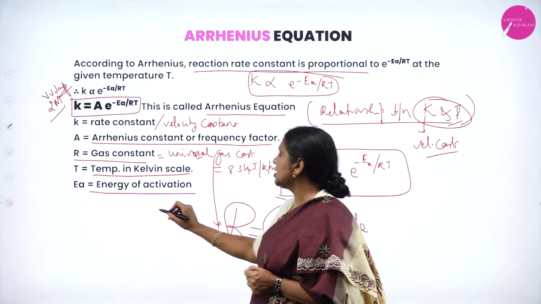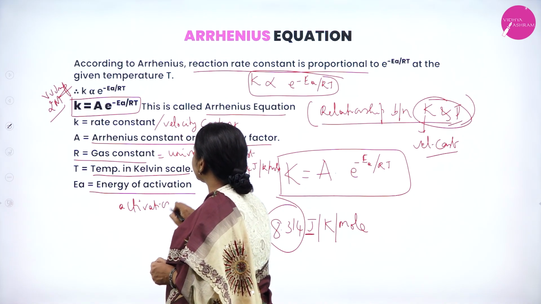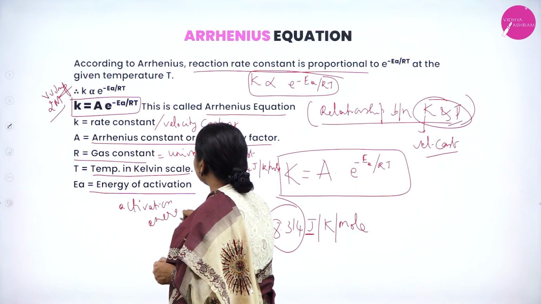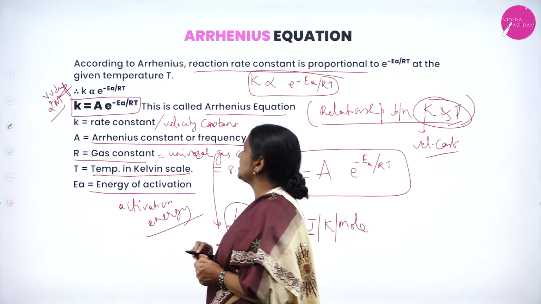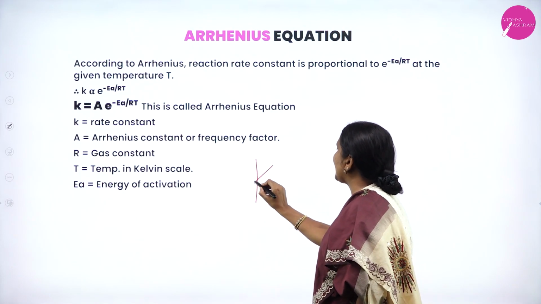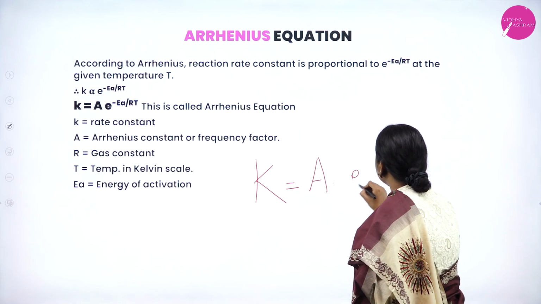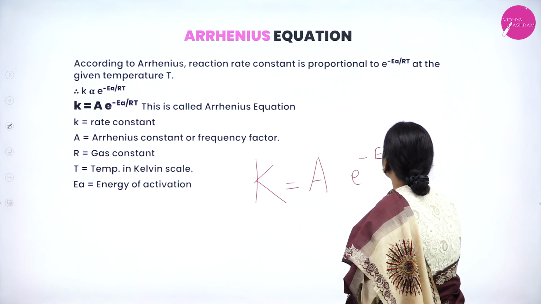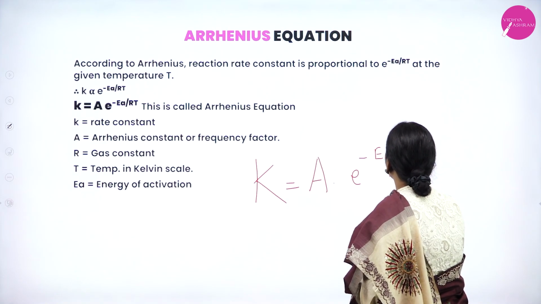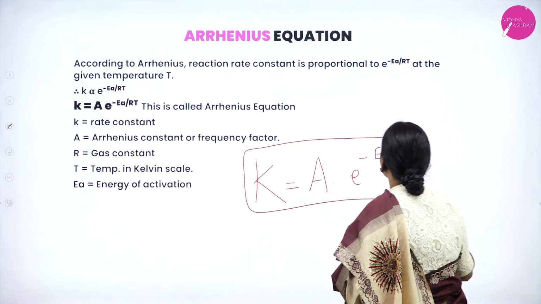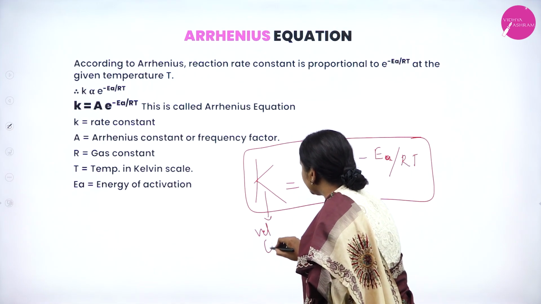Ea is energy of activation or activation energy. Therefore, once again I'll write the Arrhenius equation: K is equal to A into e to the power of minus Ea by RT. This is called the Arrhenius equation. K is called velocity constant.